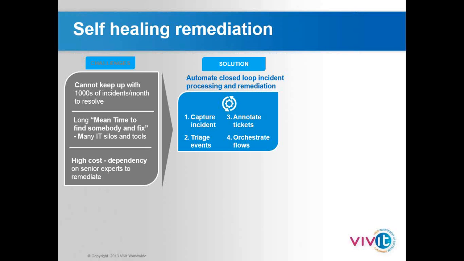These are the typical steps done by the IT team, and the majority of these events or incident management could actually be put to an automated execution using the power of orchestration.